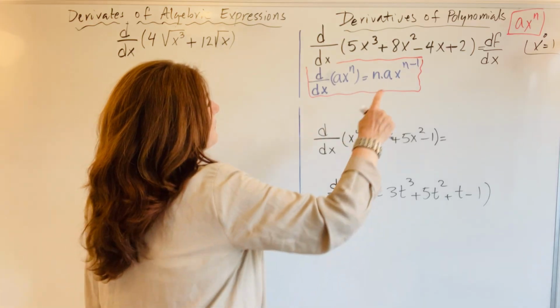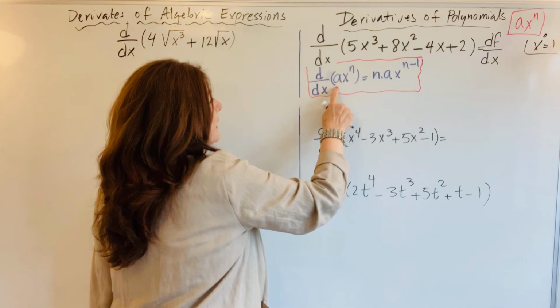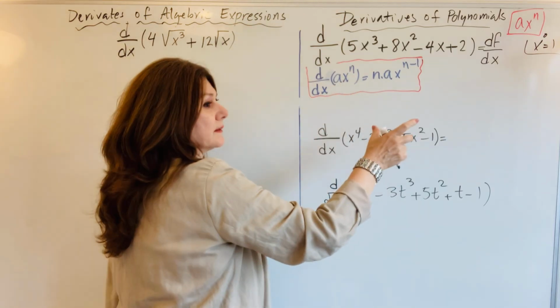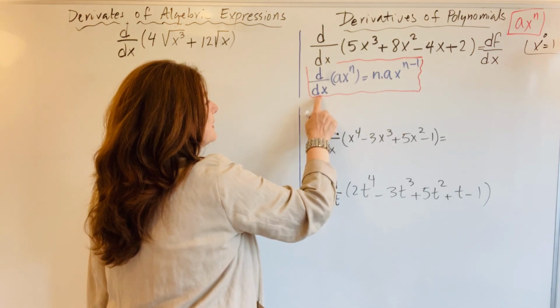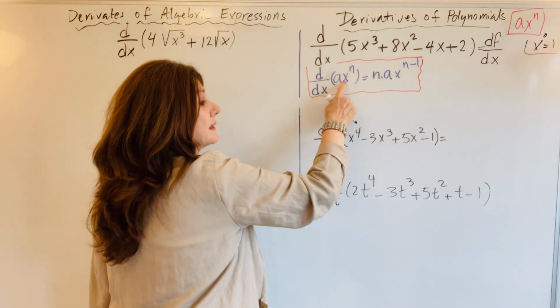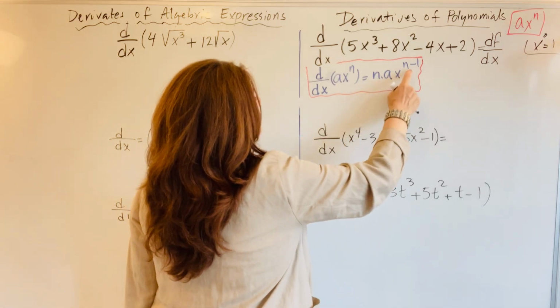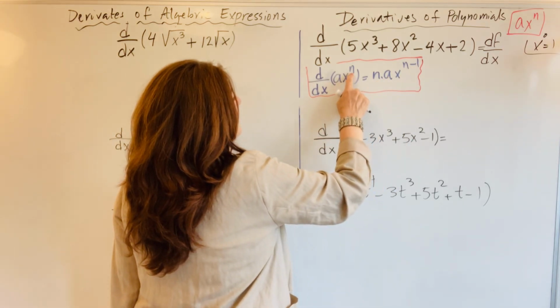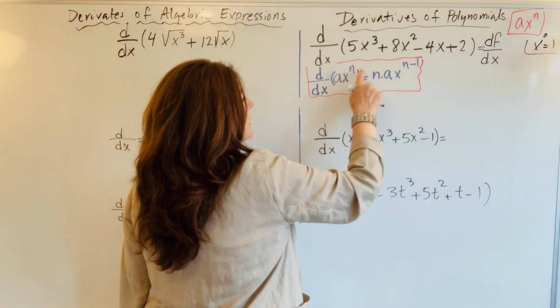If this is a sum of polynomial terms like a x to the n, the derivative with respect to x, the variable, is n times the coefficient times x to the n minus 1.